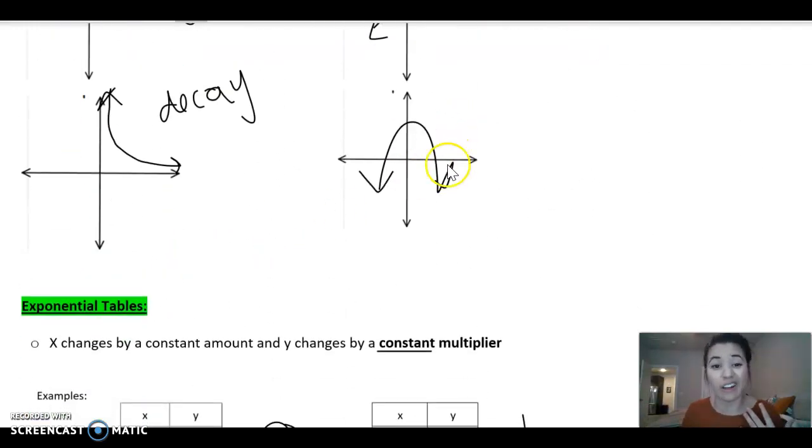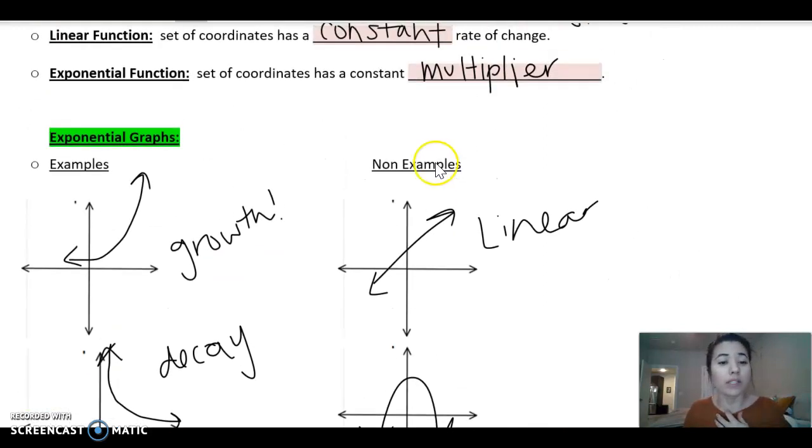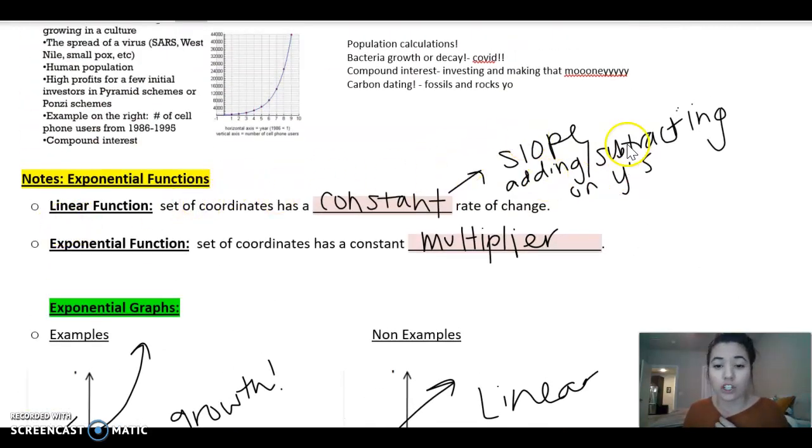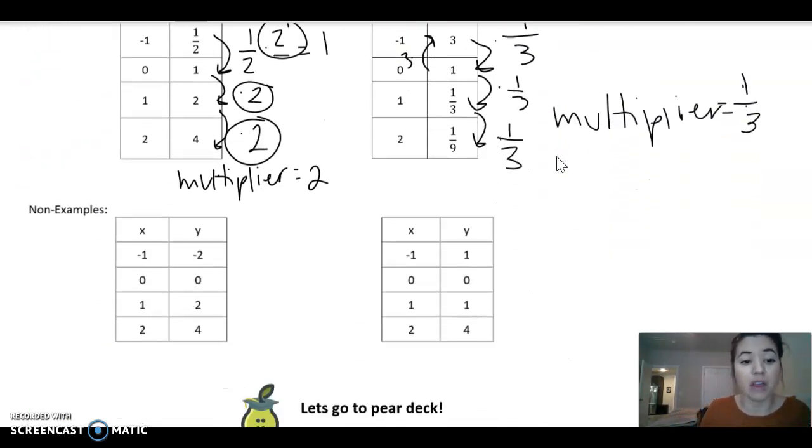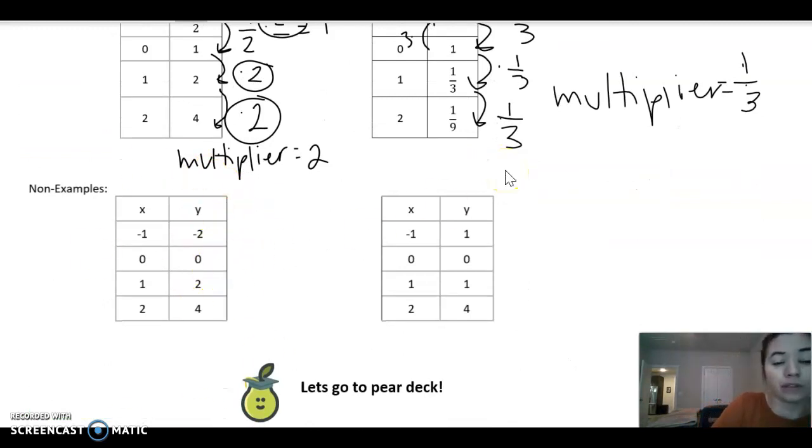Now, non-examples of exponential, so this would be like linear or neither, maybe like that quadratic one that I mentioned, like this one. So what's important to remember is that linear functions, again, have a constant slope, meaning that we're constantly adding or subtracting the same thing. So if you look at this one, I'm going to start off by thinking, is this exponential or linear? So right away, because we're talking about exponential, I'm going to see if it is exponential. So I'm going to check for a multiplier. 0 times what is 2?